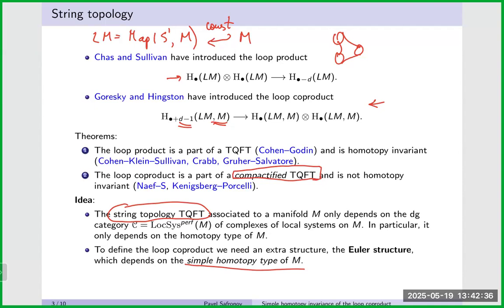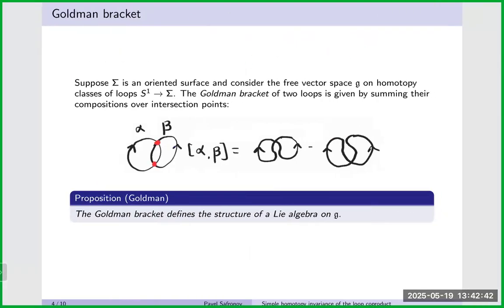There's a very concrete way to describe analogs of these loop products and coproducts in the case of surfaces. So let me describe these operations. In this case, my manifold is a surface. You have some oriented surface, and you look at the free vector space on homotopy classes of loops on the surface.